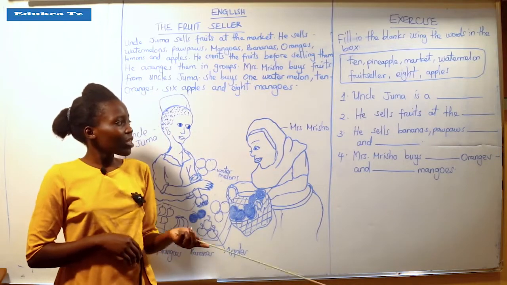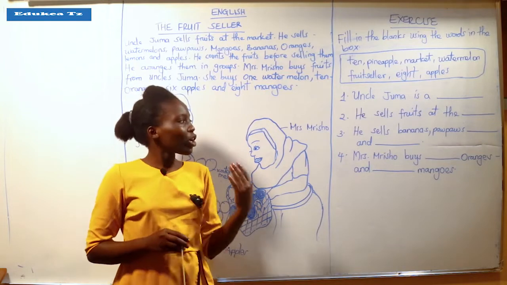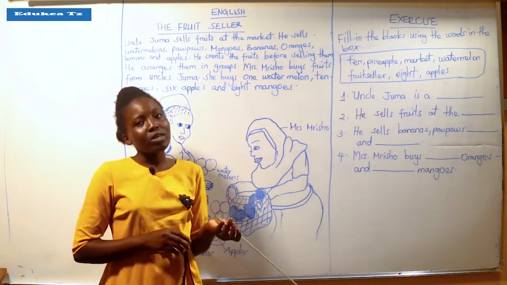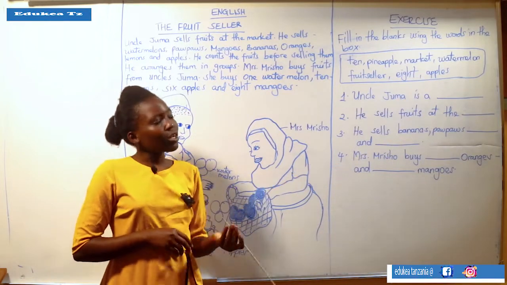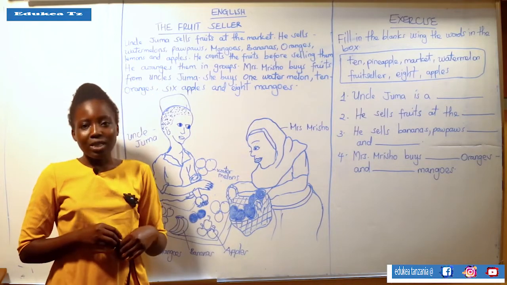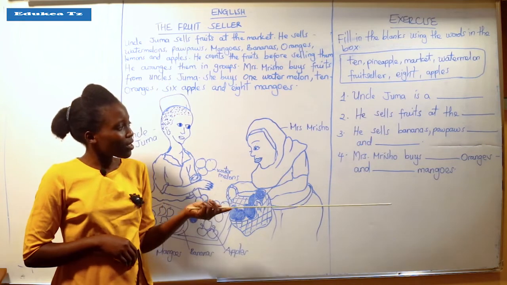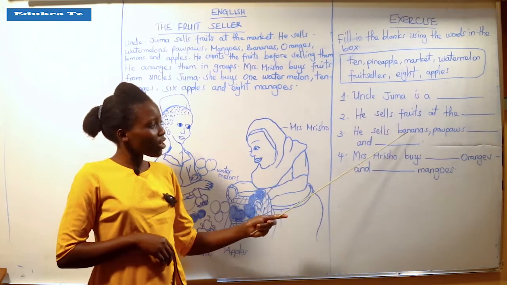The second question says that he sells fruit at the dash. Uncle Juma sells fruit where? You will choose the correct one from the given box, and then put it in the blank space provided in order to complete your sentence. The third question says that he sells bananas, pawpaws, dash and dash.